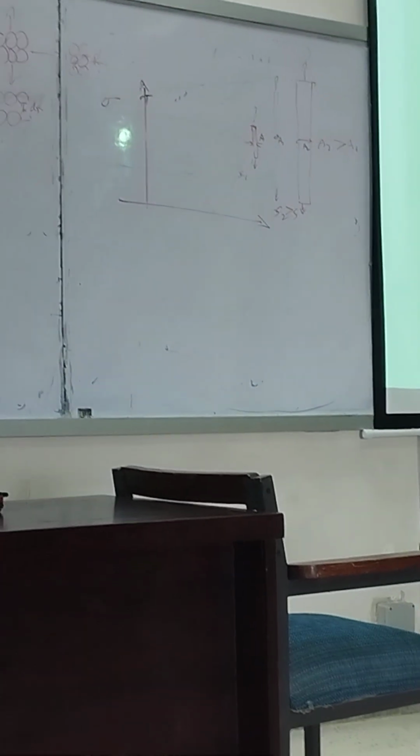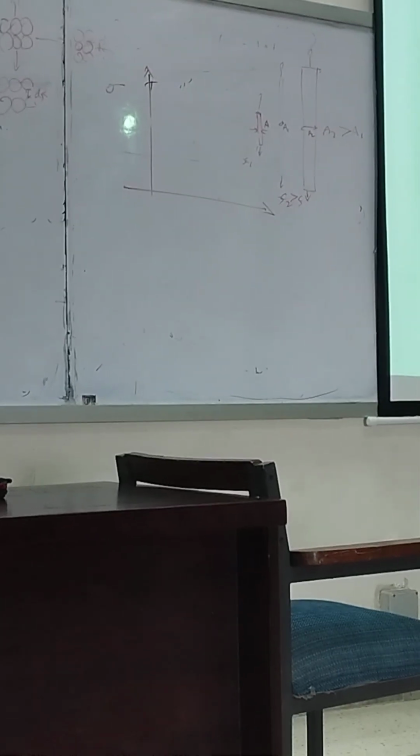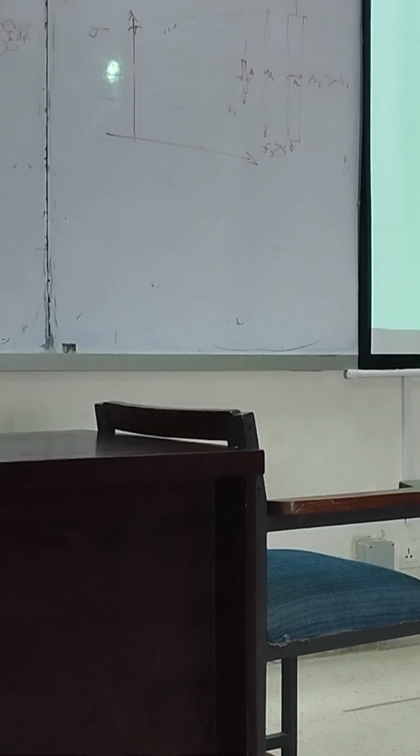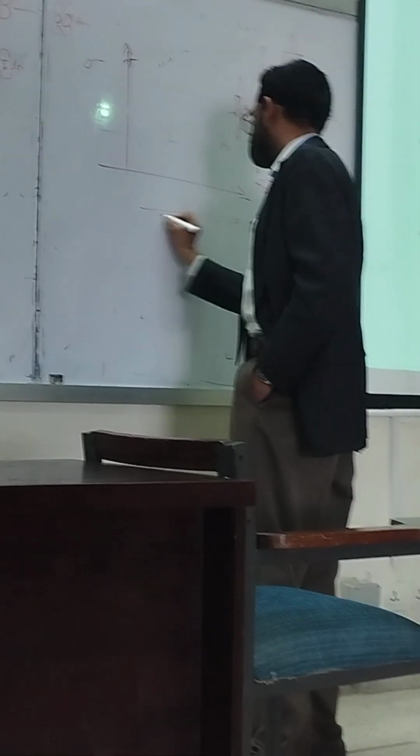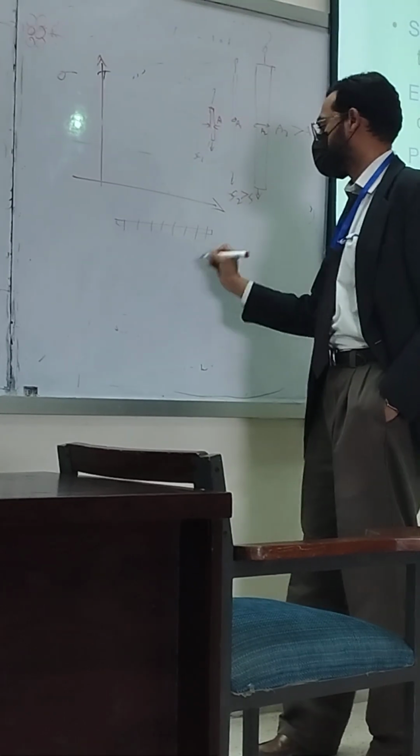Consider, for example, we have a piece of rubber band. If it is small in length and I apply the same amount of force, it is going to extend less as compared with a longer length. Why? Because consider this longer length. I can actually say that it can be divided into this many equal parts.